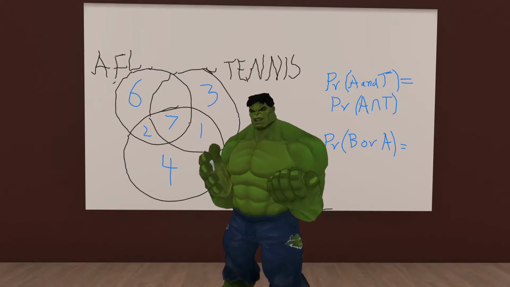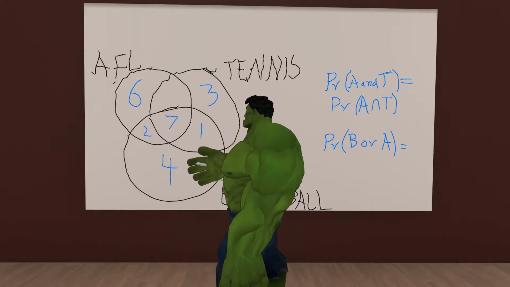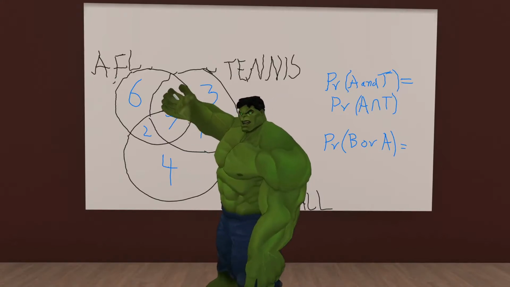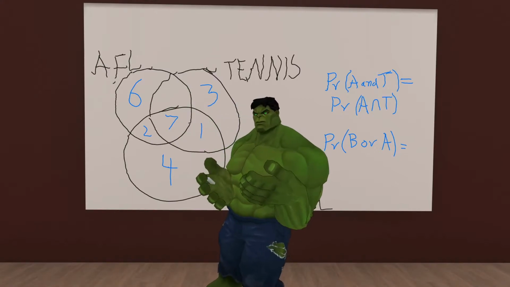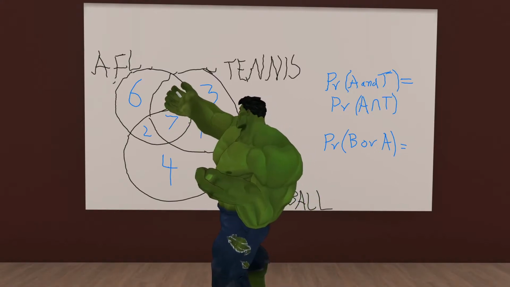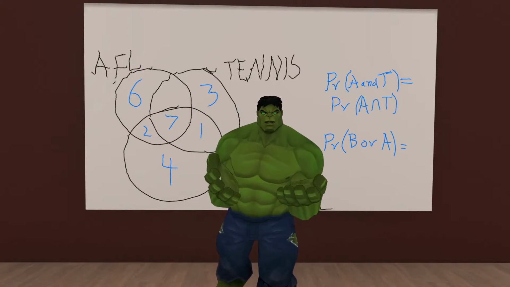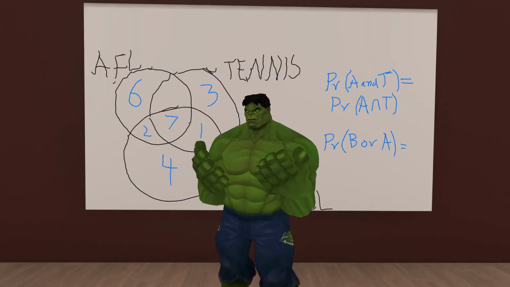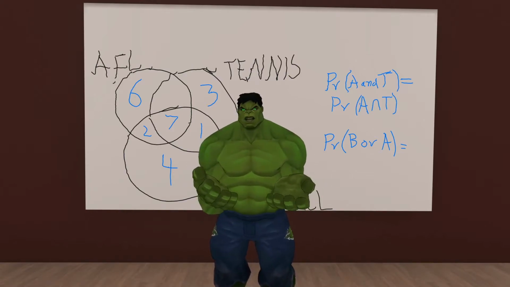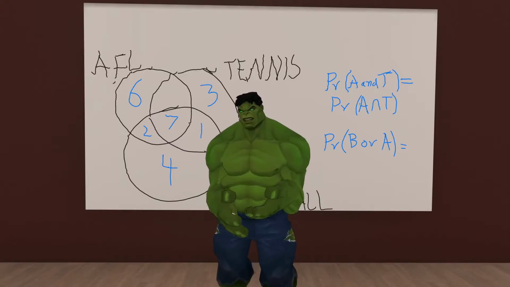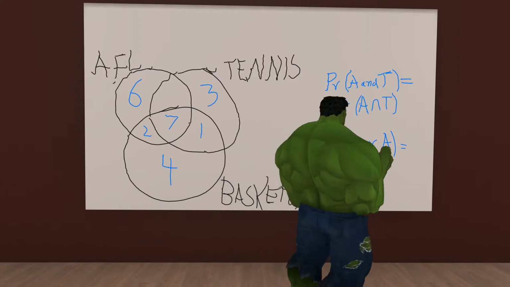So these two circles, the AFL and the tennis one, is represented by this part up here. So we can see that in this part of the circle there is 0 people. So the probability of finding someone who likes AFL and tennis from this Venn diagram would be 0. Let's write that in now.